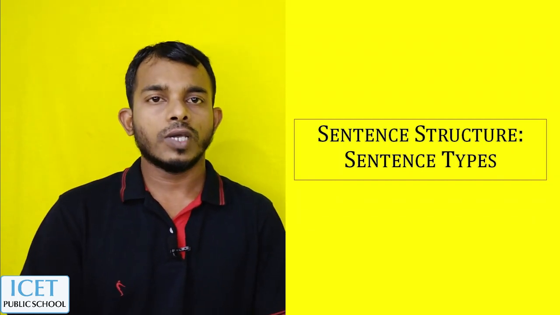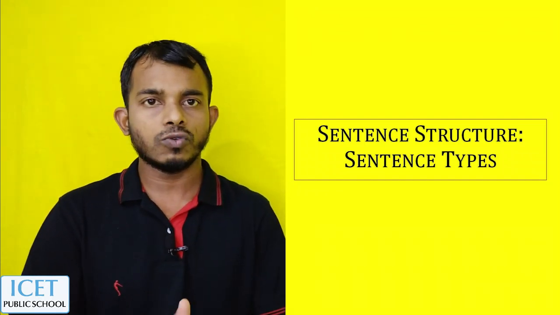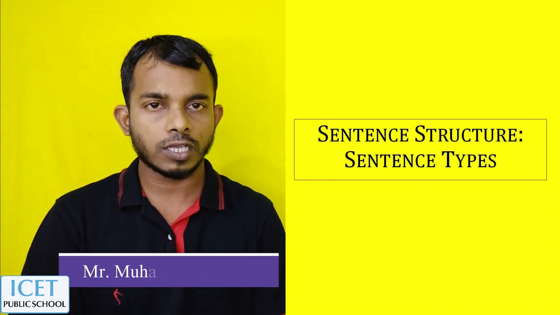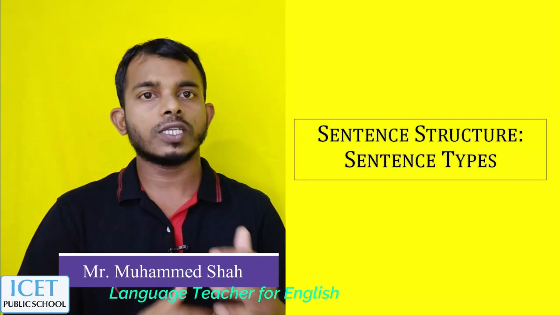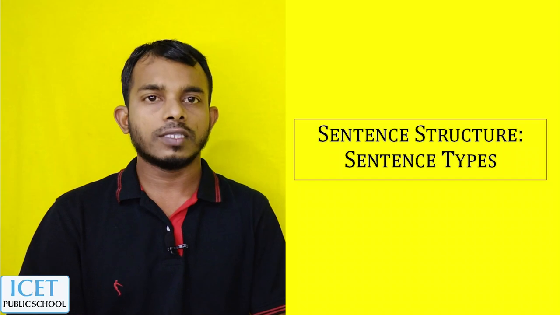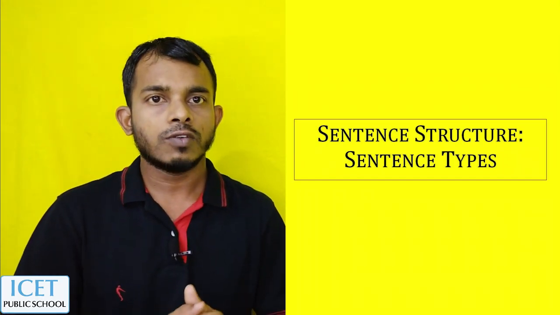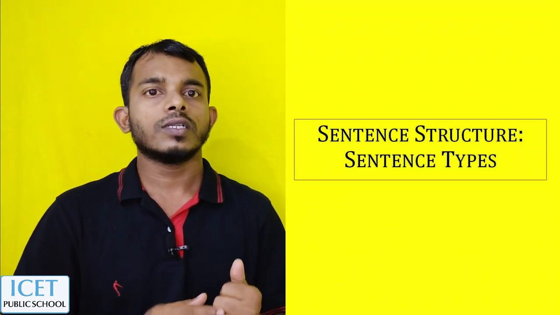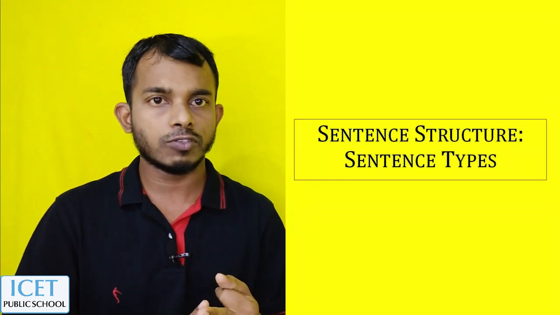So when I am going to talk about this, some of you may have some doubt that I would like to clarify at the beginning. Types of sentence I have taught you already in another video. In that we learned 4 types of sentences, which are declarative sentence, interrogative sentence, imperative sentence.